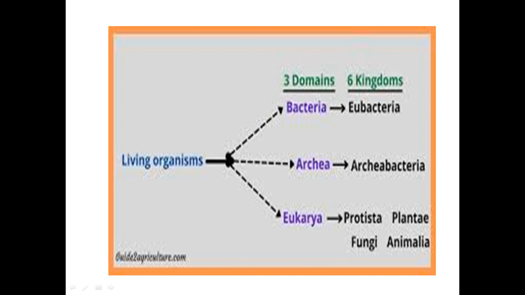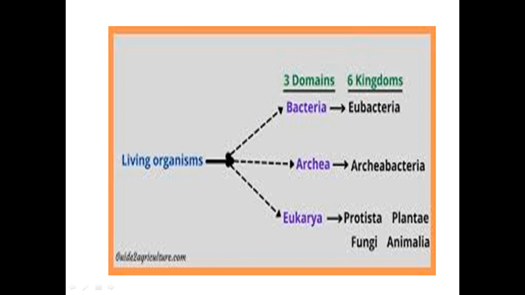Bacteria and archaea are together called prokaryotes. Some books will put eubacteria and archaebacteria as one, as prokaryotes. So prokaryotes can be used as one unit term to call eubacteria and archaebacteria.